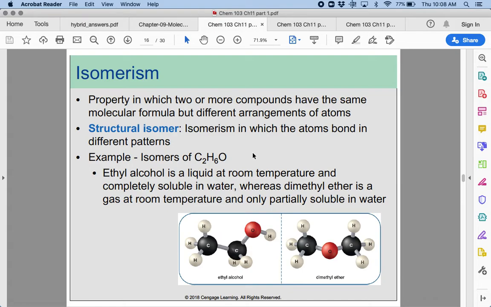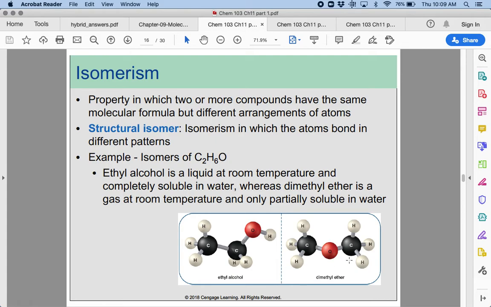And person C puts the door on the front and puts the windows on the back side. All the same parts, but different houses, different structures. So that's what's happening in a structural isomer. If I have the formula C2H6O, I can arrange or put together that molecule in different ways where I have different bonds occurring.